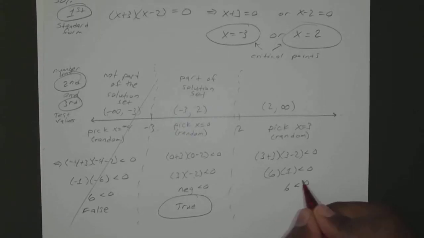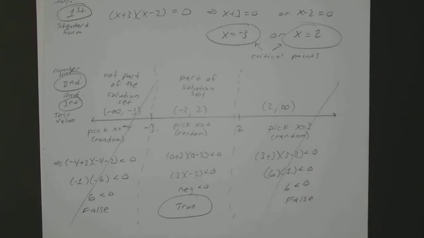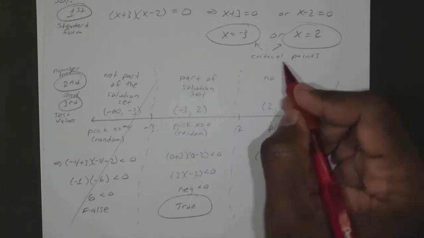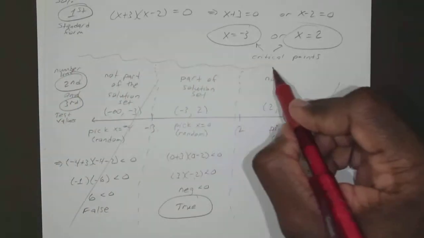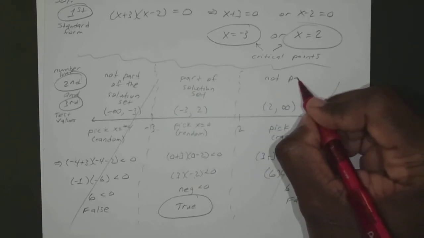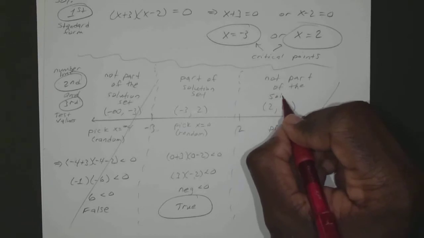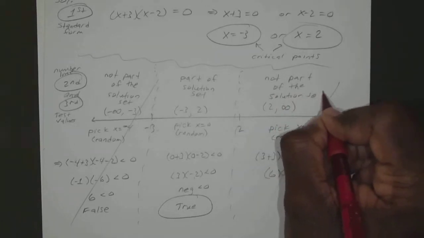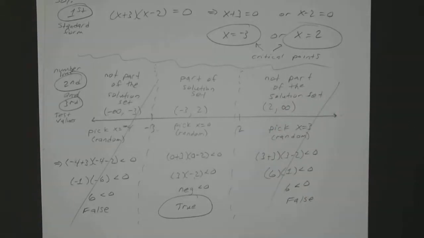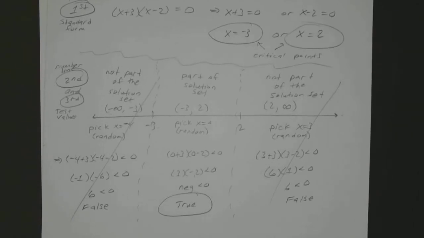So 6 is less than 0 is false. So you can go ahead and draw a line through it. And you know it's not part of the solution set. Okay, so out of all 3 of those intervals, only one of them actually came out to be true.